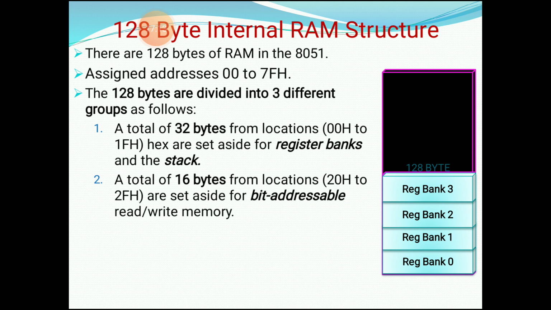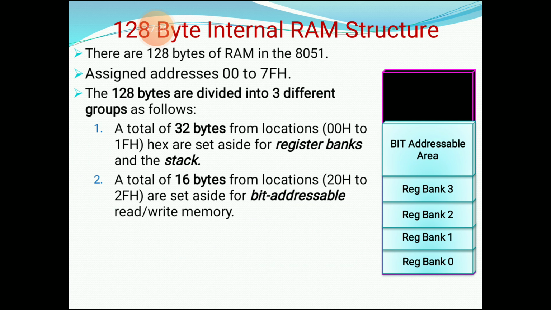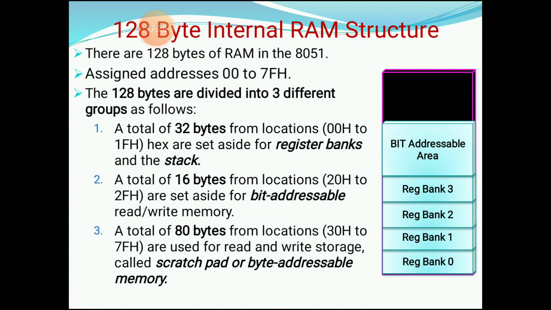The second group consists of 16 bytes of locations, 20H to 2FH, and belongs to bit addressable memory. And the third group, 80 bytes of memory from 30H to 7FH, is used to perform read-write operations, called byte addressable memory.